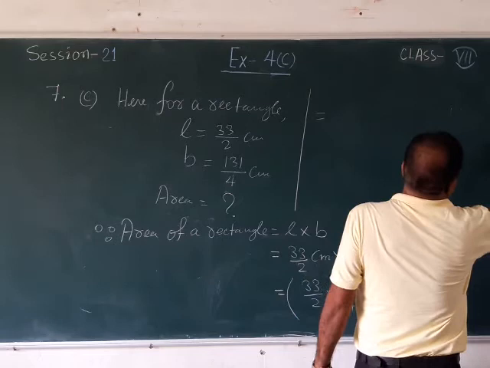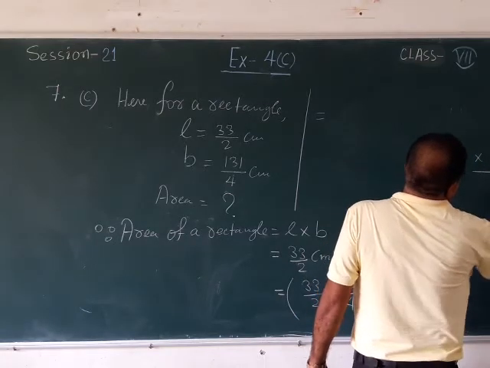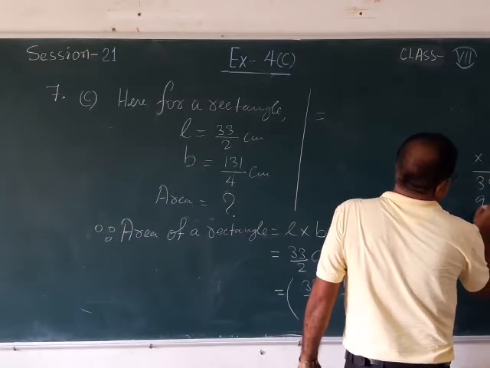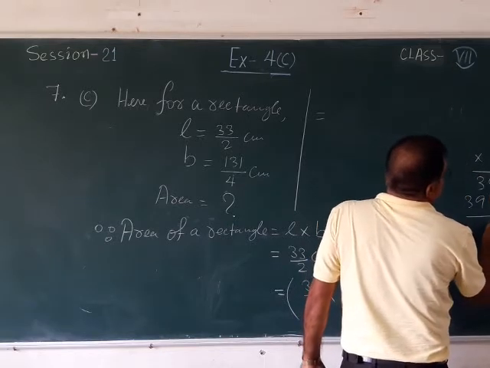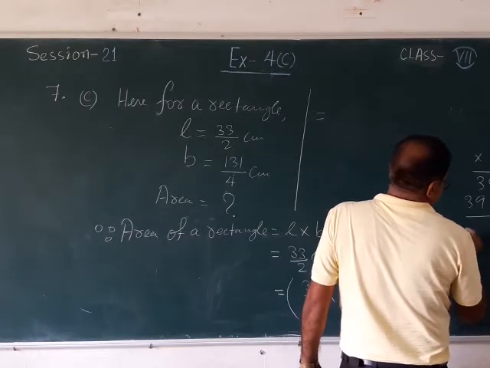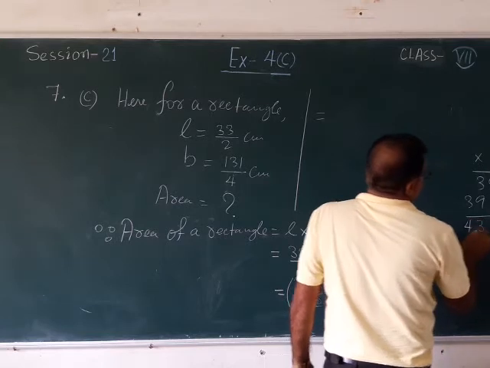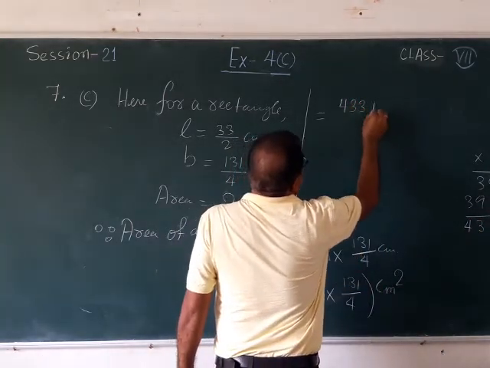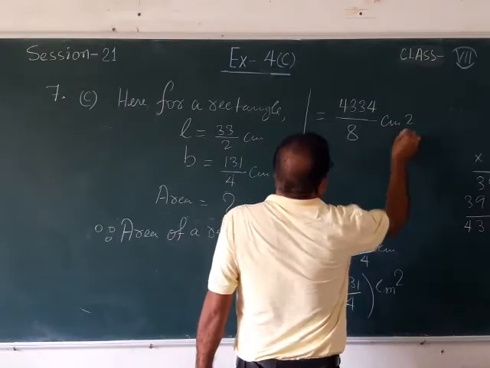So go inside the rough and multiply it. 131 into 33. 3 1s are 3, 3 3s are 9. I am also doing rough here so that I can write the correct answer here. 3 3s are 9 plus 4, 13, 3 carry 1, 3 1s are 3 plus 1, 4. So it will be 4334 upon 4 2s are 8 centimeter square.